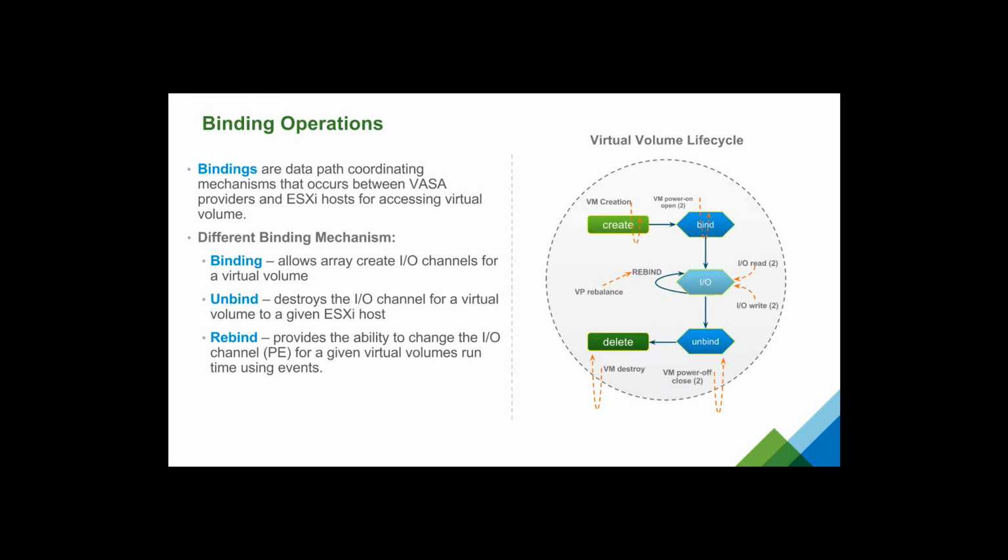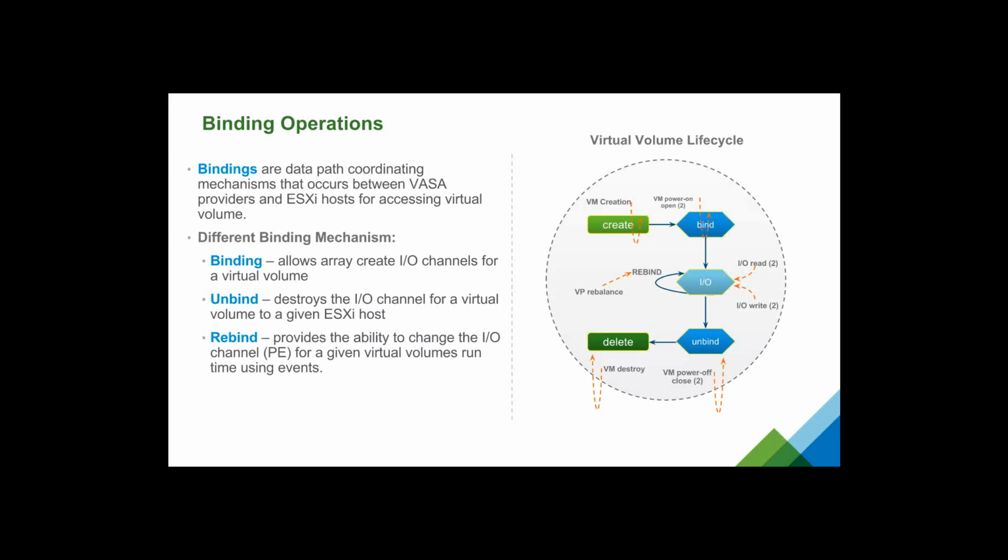So the idea behind bindings is that ESX will say, hey, I want to be able to access this certain virtual volume, and the storage system is going to take that request, attempt to identify that virtual volume, and tell vSphere, here's how you get to that.